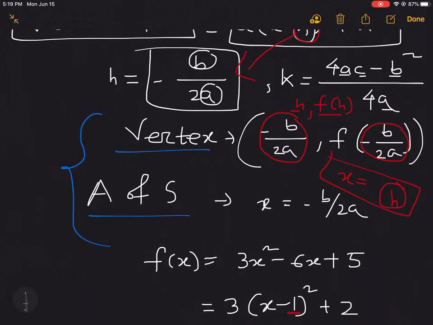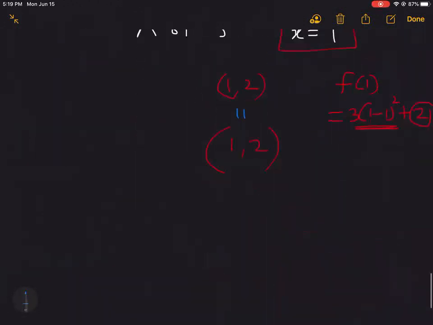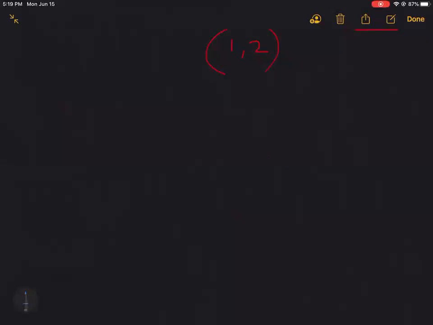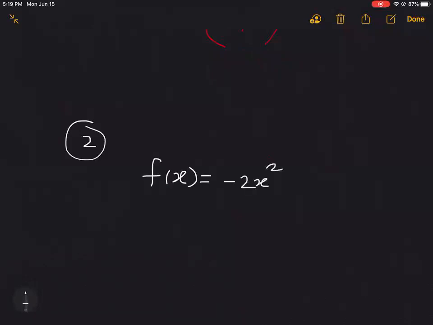Now, I'll show one more example before I go to the next topic. The next example would be f of x equals negative 2x squared plus 8x minus 3.